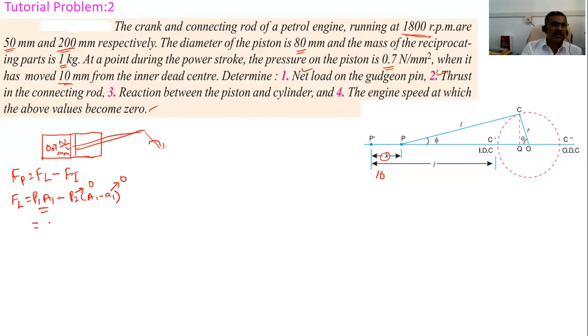What is P? Pressure is equal to 0.7, multiplied by pi by 4 d square, where the piston diameter is 80 millimeters. Since the pressure is in Newton per millimeter square, you can substitute the diameter in millimeters.